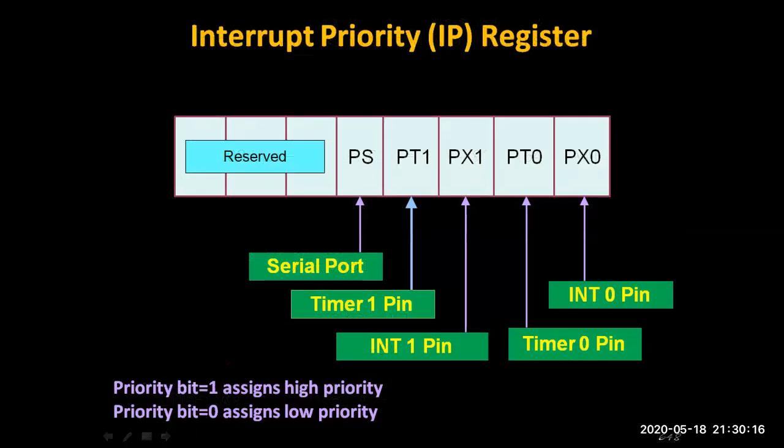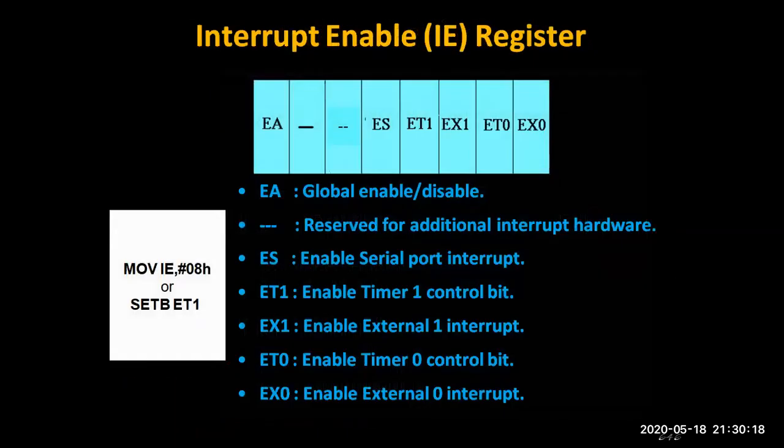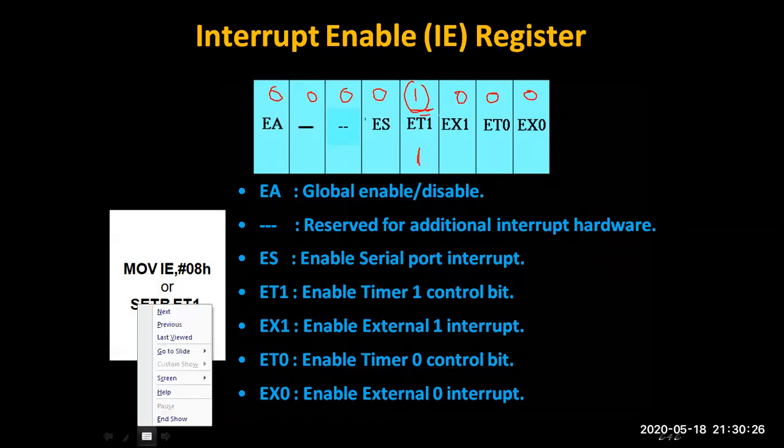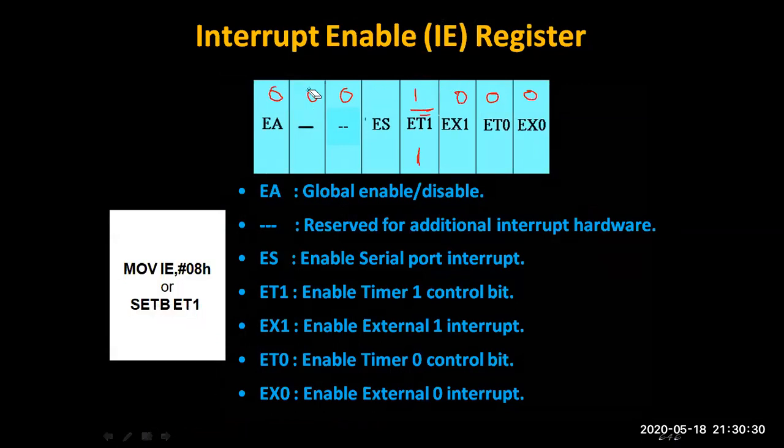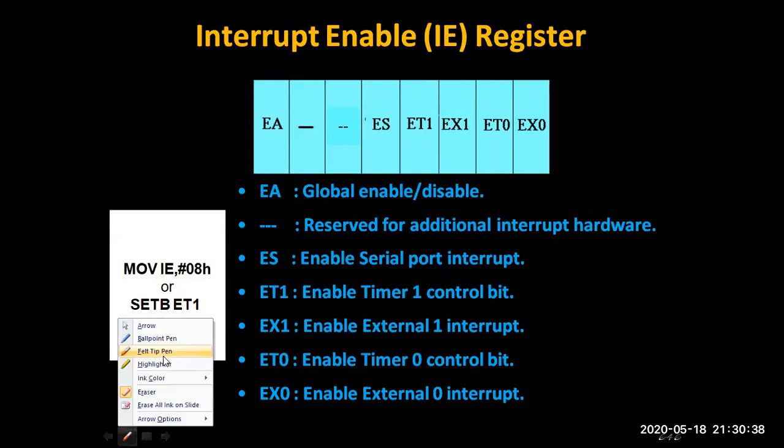82 means you have to enable timer 0. So if you see the interrupt enable register, it is 82.